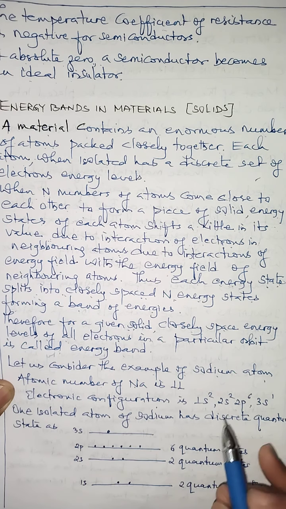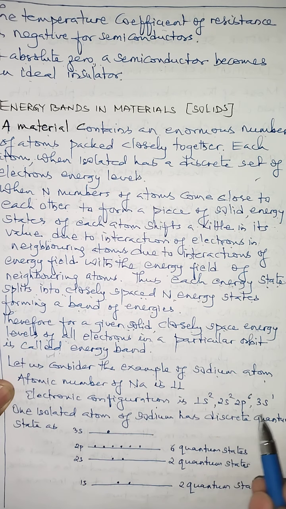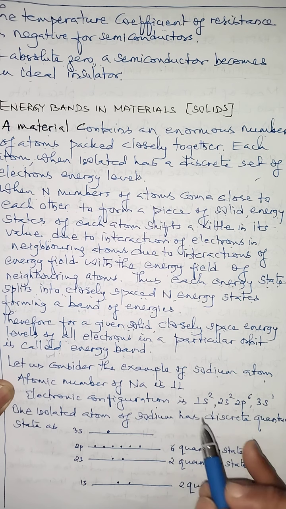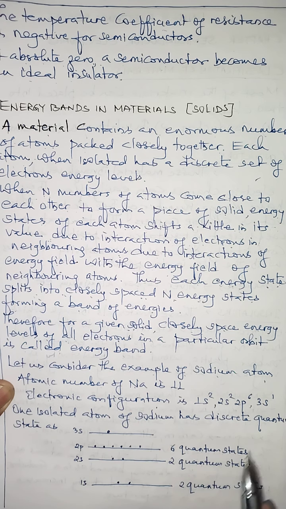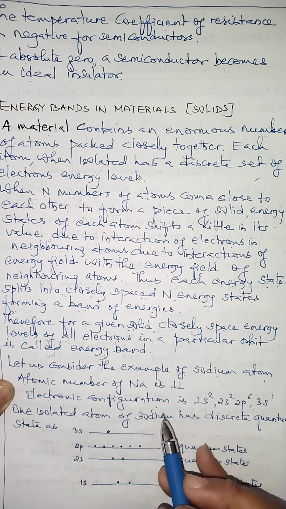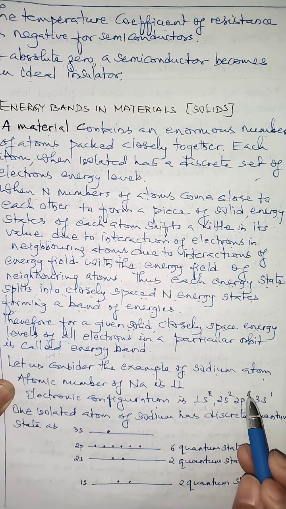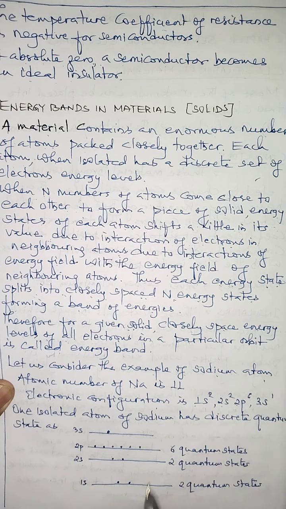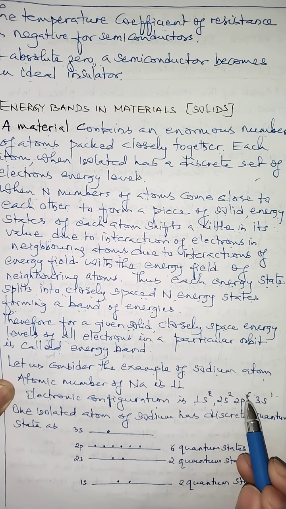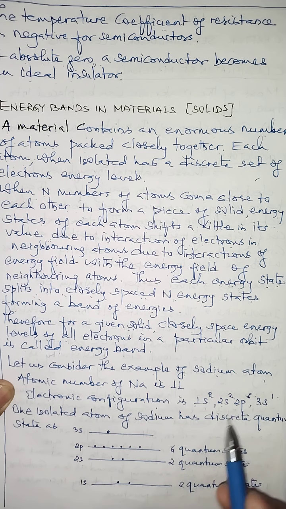And we write this electronic configuration, children, in terms of s block, p block, d block and all. You know very well this can be written as 1s2, 2s2, 2p6 and lastly 3s1, because the total number of electrons should be 11. 2 plus 2, 4, 4 plus 6, 10, and 1, 11.